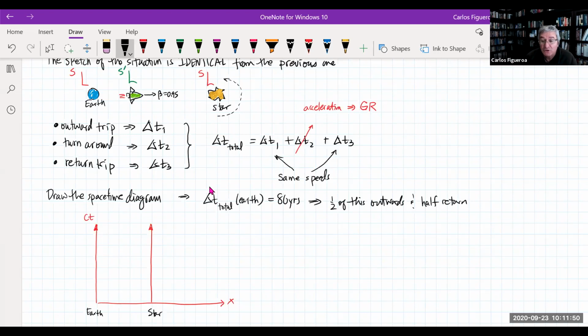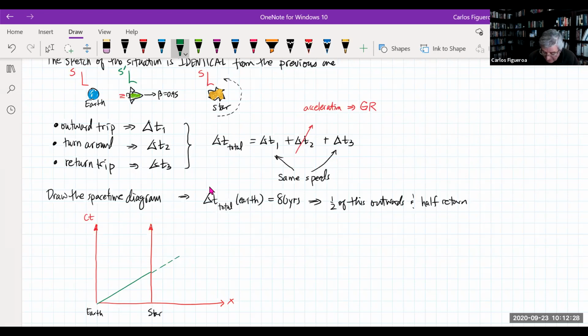So check it out. What I've got to think about is the rocket frame. When I think about the rocket frame, what's actually happening here? Well, I know that the rocket is moving relative to this frame. So if this is truly a 45-degree angle, squint so that it's not 45 degrees, because remember, 45 degrees means you're moving at the speed of light.